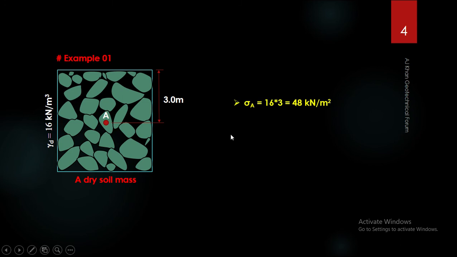So the total stress is obviously gamma times Z, that is 16 times 3 is 48 kilonewton per meter square, and there is no water inside the void spaces, so the pore water stress will be 0, and the effective stress will be total stress minus the pore water stress, and of course in this case the total stress will be completely taken by the individual solid particles. So the effective stress in this case has to be equal to the total stress.